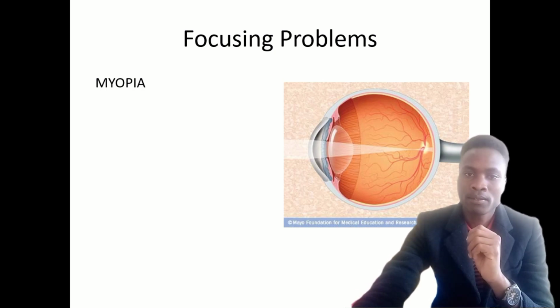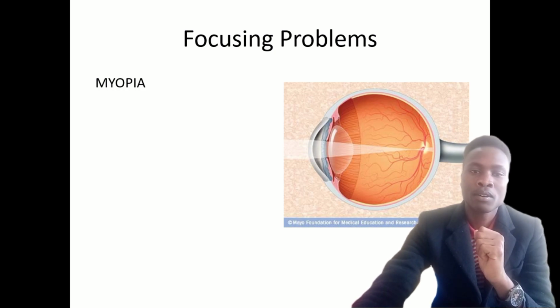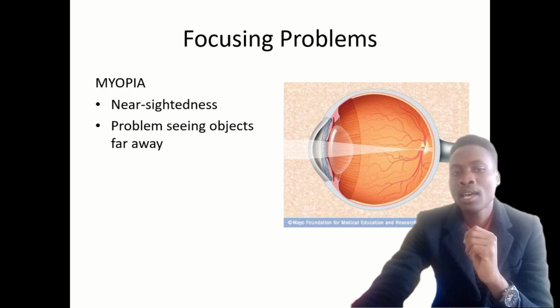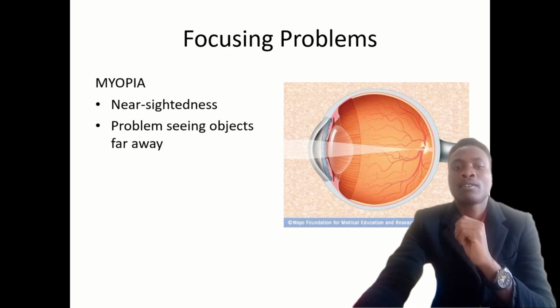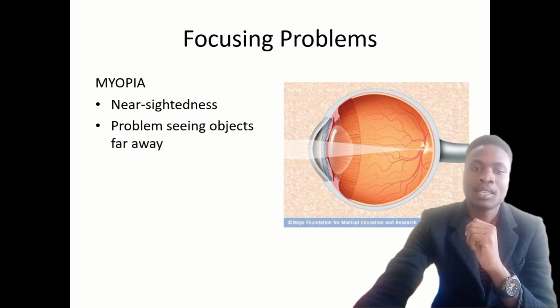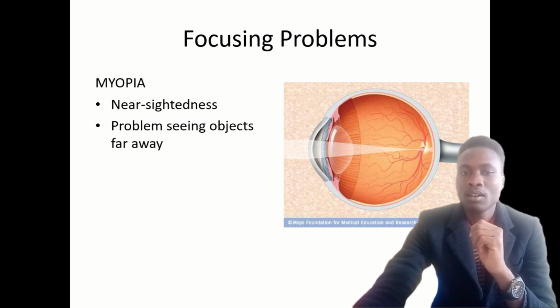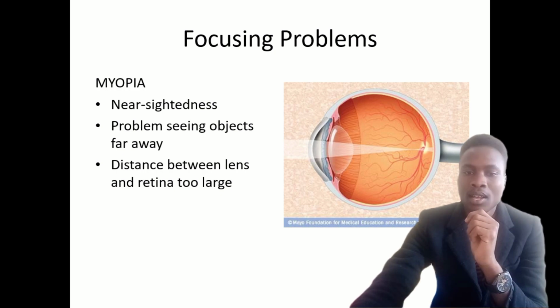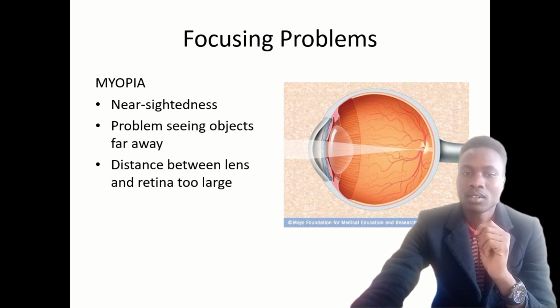Focusing problems: you have myopia, that is nearsightedness, unlike the other one, which was farsightedness. This is a problem seeing objects far away. The distance between the lens and the retina is too large.